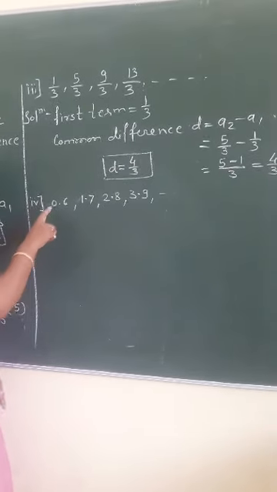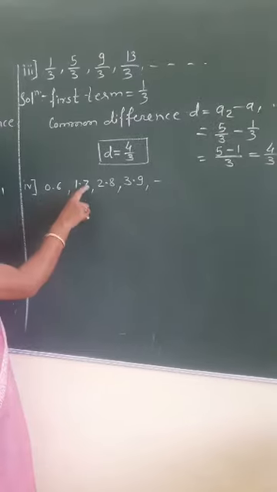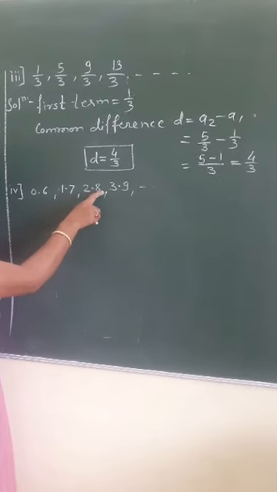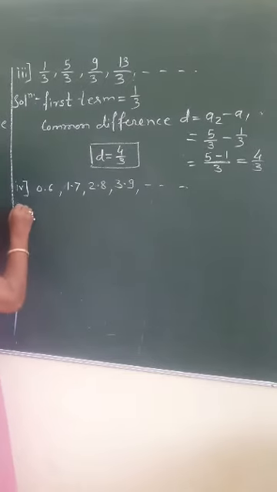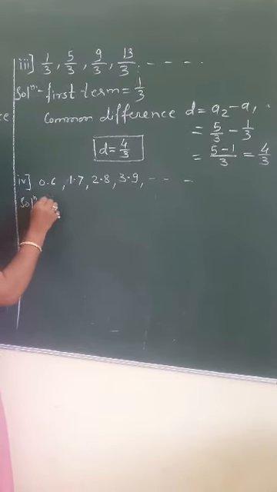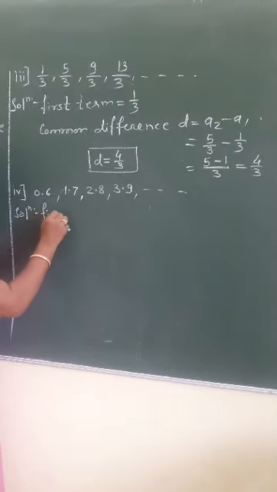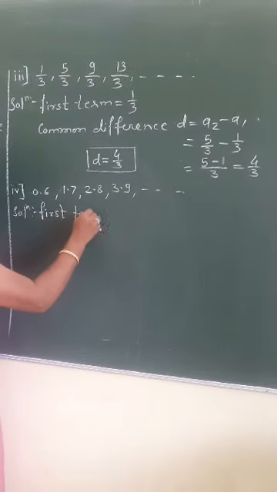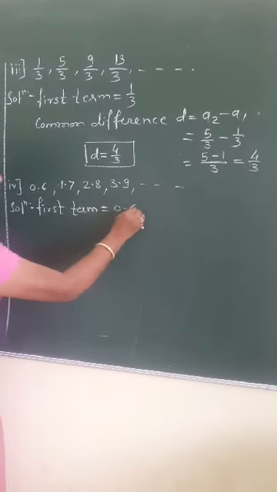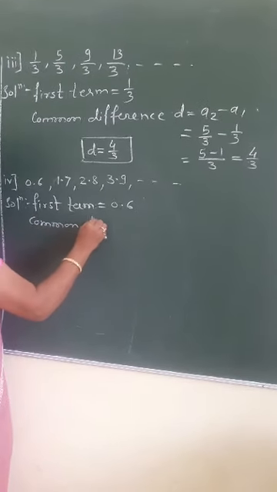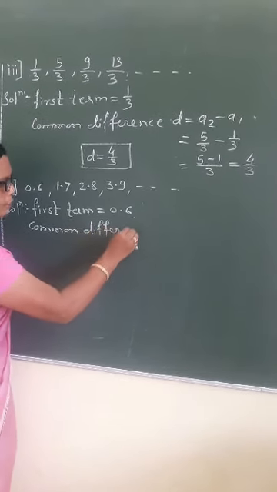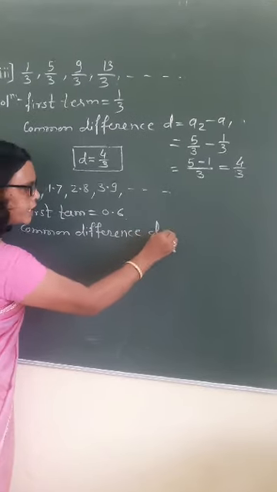Fourth problem: 0.6, 1.7, 2.8, 3.9, dot dot dot. In this problem, what is the first term? The first term is equal to 0.6. And what is the common difference? The common difference D, in short we can say D also.